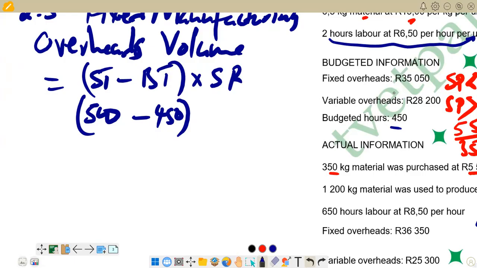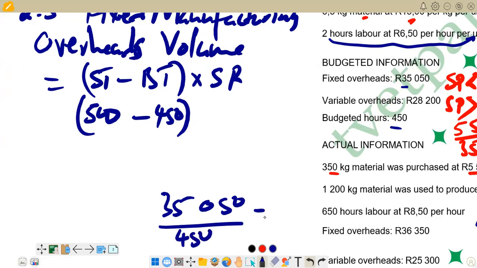We've got budgeted overheads of 35,050 and budgeted hours of 450. So to get the rate, we say 35,050 divided by 450.